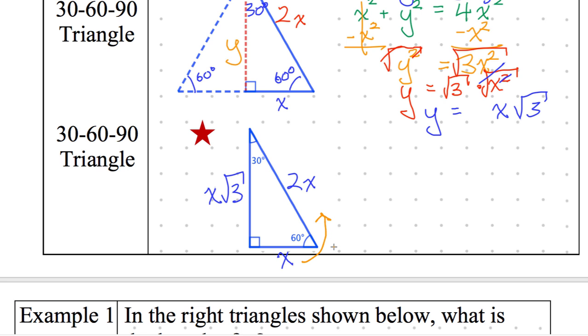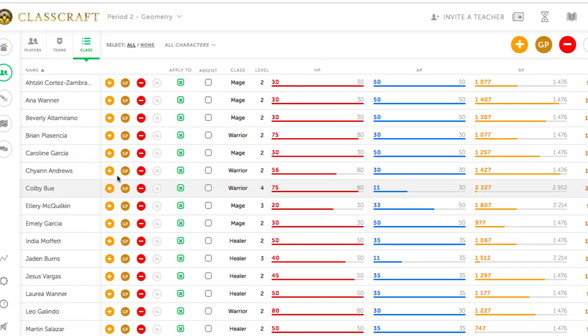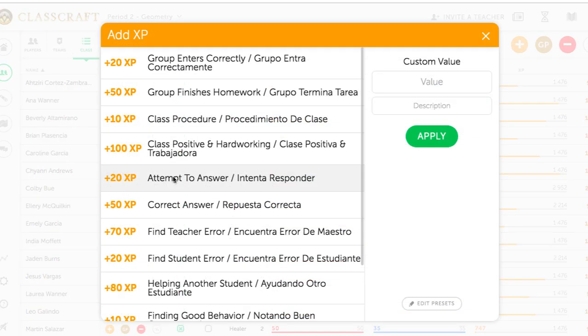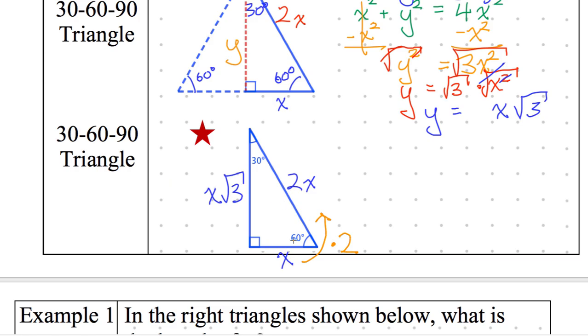Beverly, multiply by what? No, not by any square root. To get from x to 2x, I had to multiply by just 2. I'll give you the points for trying. Multiply by 2 to get from here to here.